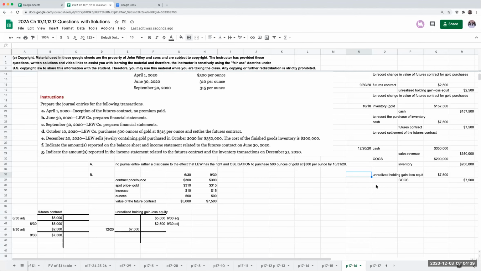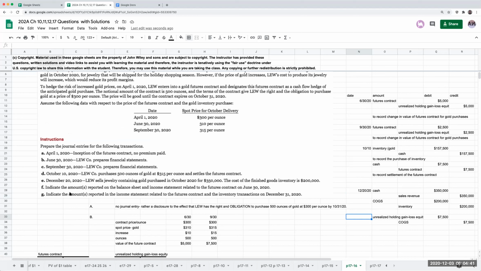Now, if you had to ask me what would be shown on the balance sheet and the income statement related to the futures contract, this is a little bit tricky, right? On the balance sheet, we would have an asset for the futures contract for 5,000. However, this unrealized holding gain or loss in equity wouldn't be on the income statement.